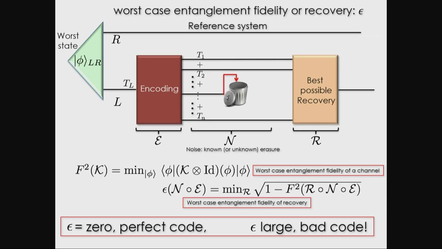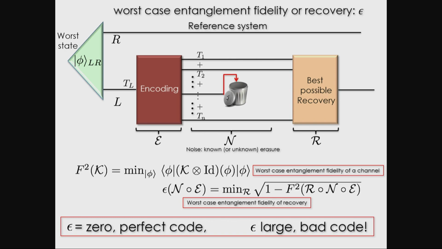And at the same time, you're going to choose the worst-case state, which has the lowest possible fidelity. And this fidelity is called the worst-case fidelity of recovery. And my measure is this epsilon, which is basically the square root of 1 minus this fidelity squared. If you did not follow this, if epsilon is 0, you have a perfect code. And for large epsilons, you have bad codes.